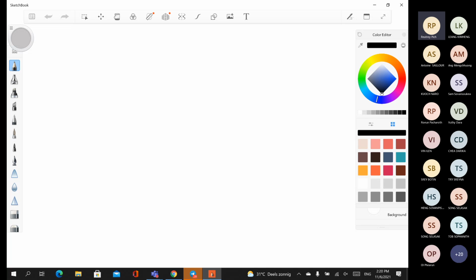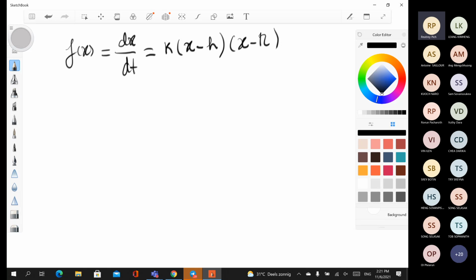For example, if I have dx over dt equal to k x minus x and x minus n. In this case, you can choose plus, it is up to you. Here I use minus because I would like to have x equal to 8.